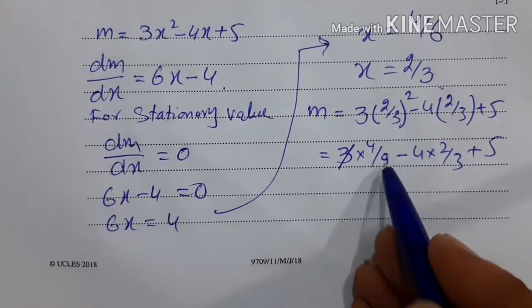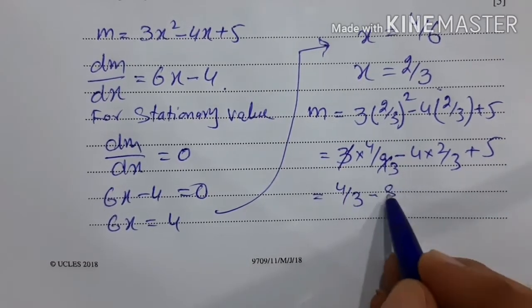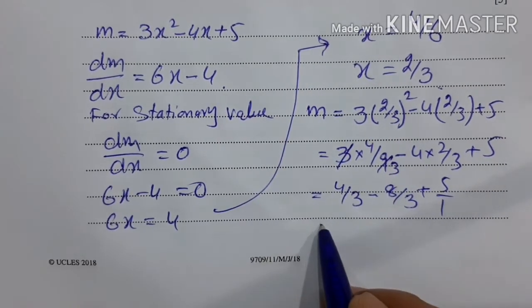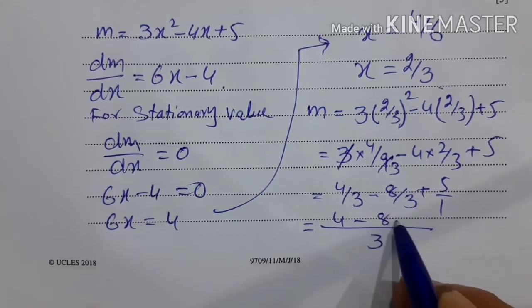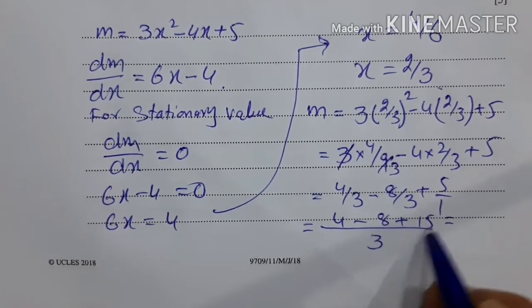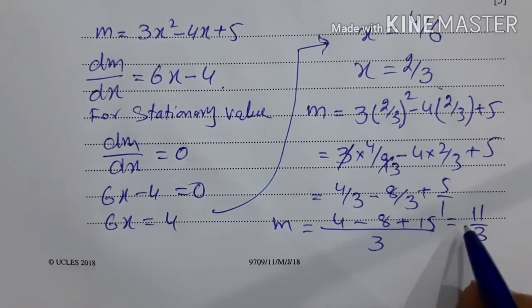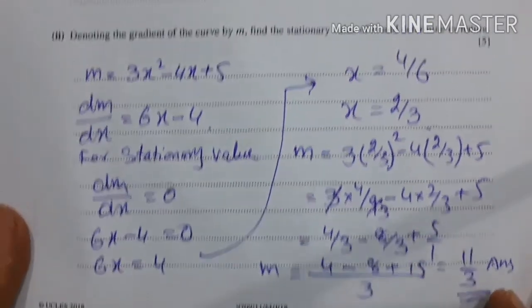So 3 3s are 9. So 4 by 3 minus 8 by 3 plus 5 over 1. Take the LCM 3. So it will be 4 minus 8 plus 15, which is 11 by 3. So this is the stationary value of m. This is our first answer.